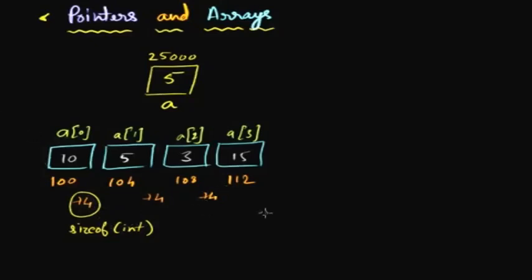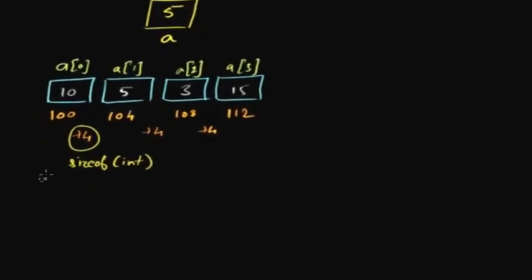Okay, now what will happen if I write printf %d and address of a of 0? What will happen if I do this?